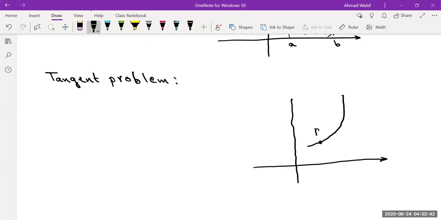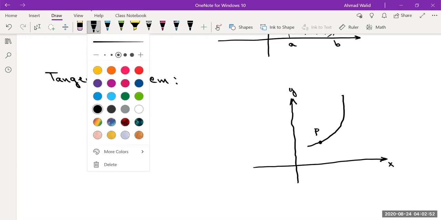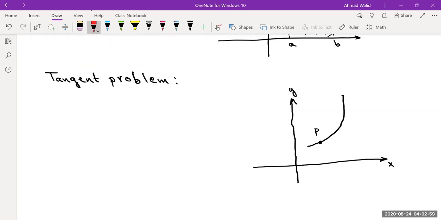Let's name this point P. This is the x-axis. This is your y-axis. If I draw here a line that touches the curve only and only in one point, hopefully you remember from your geometry or from your trigonometry, which is pre-calculus, what is a tangent line? A tangent line is a line that touches the curve only and only in one point.